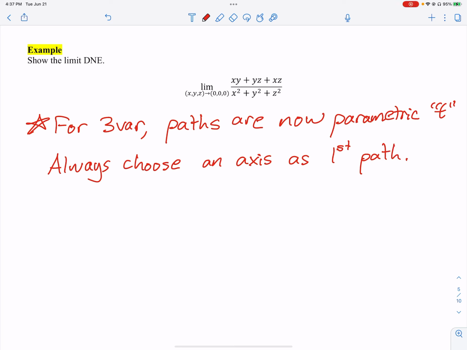And then we'll come up with the second one after we do that. So let's do that first. We'll do along the x-axis. So along the x-axis, what that means is y is 0 and z is 0.